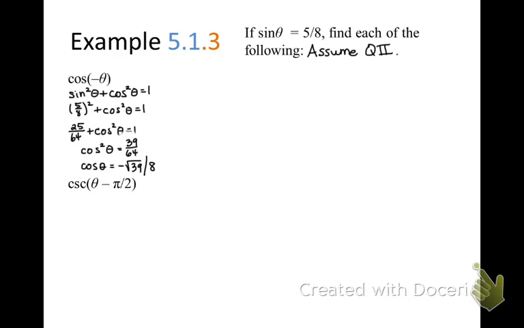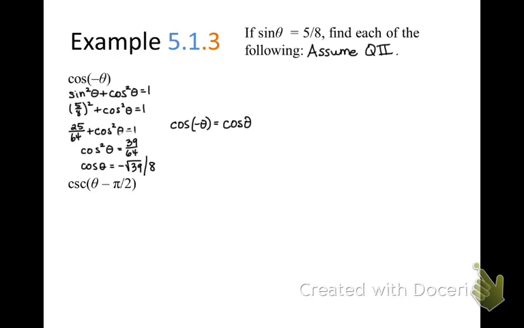All right, so I now know what the cosine of theta is. Based on your odd-even identities, what is the cosine of negative theta in terms of just the cosine of theta? Is it a plus or minus of the same thing? It's equal to the regular cosine.